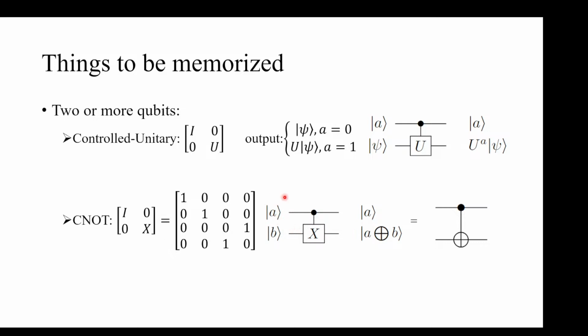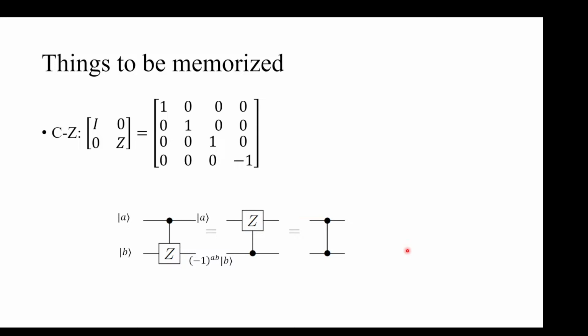So if the input is AB, for AB a computational basis state, then the output will be the first qubit still in state A, and the second qubit will be A XOR B. So this circle plus means XOR, meaning addition mod 2. Yeah. So AB goes to A and A XOR B.